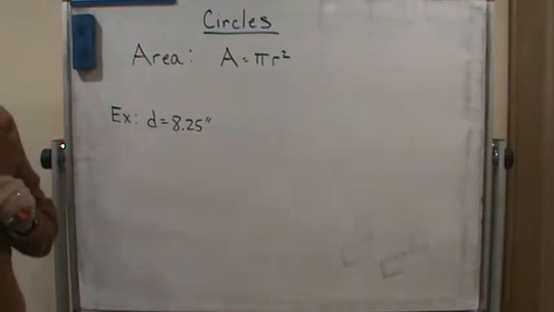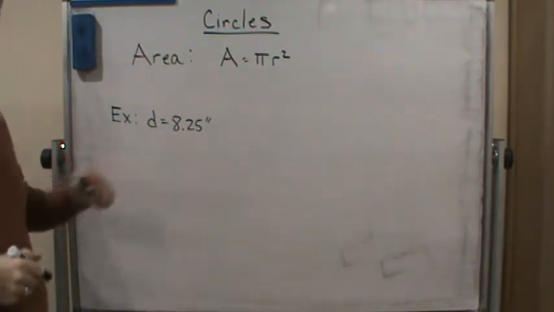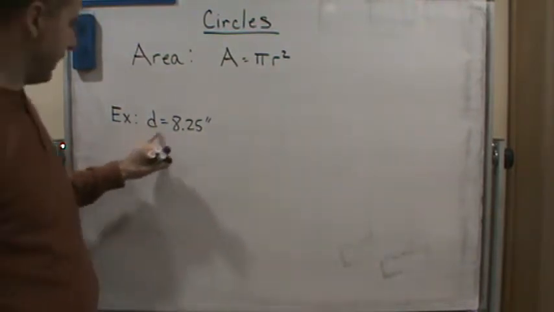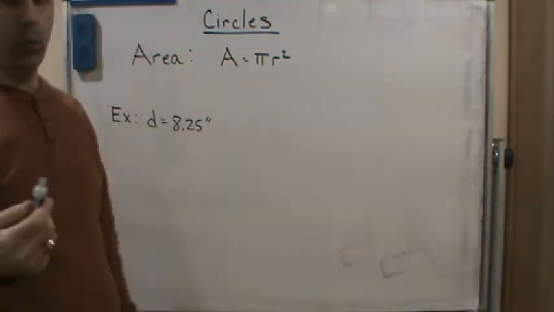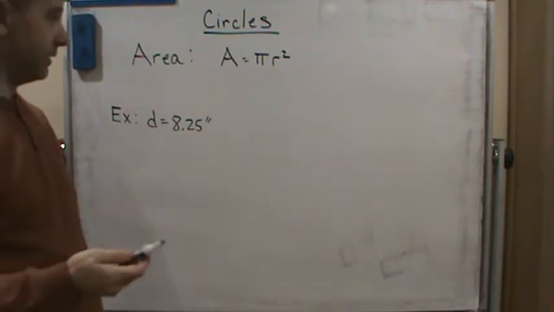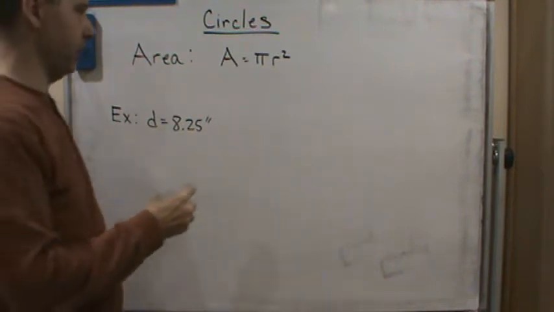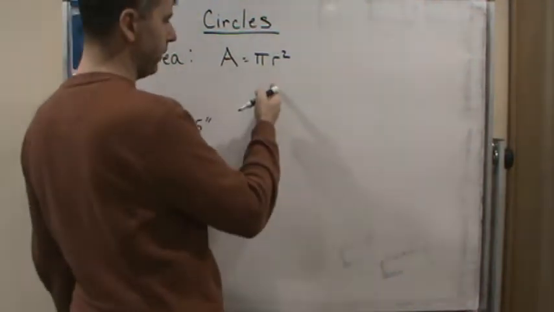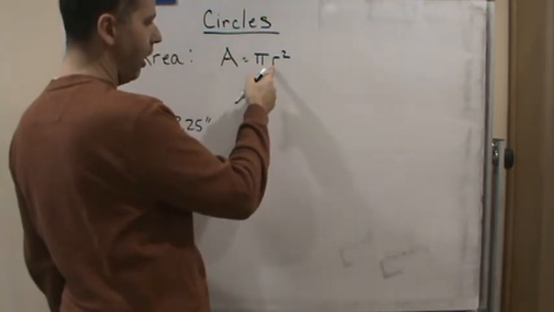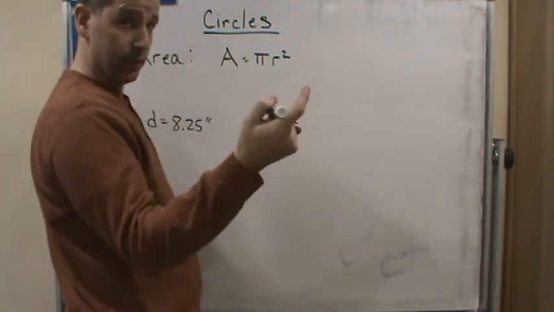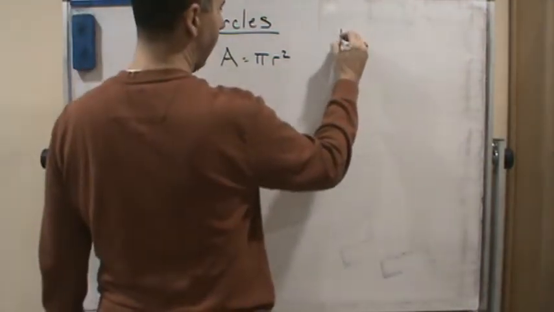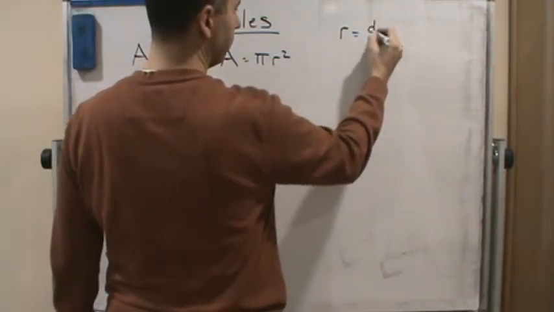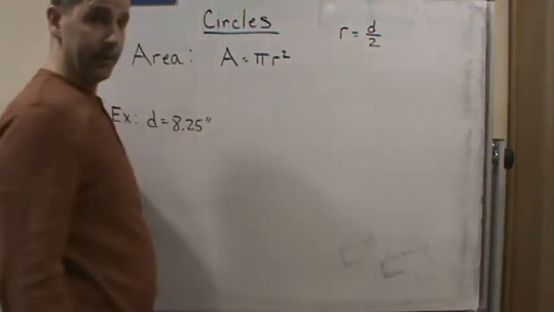Now what if we're given diameter, like for example in this example here. Well, we could take half of this and then stick it in here, or we could use another formula that is based off of diameter. The way you get that formula is just replace r with an equivalent expression for diameter. Remember, r is equal to half the diameter.